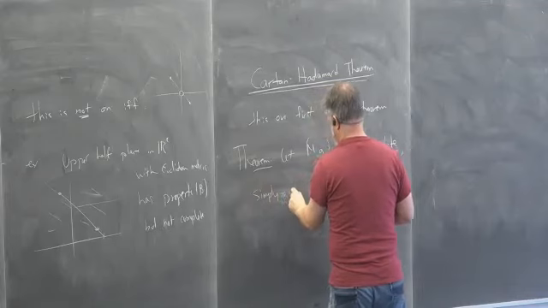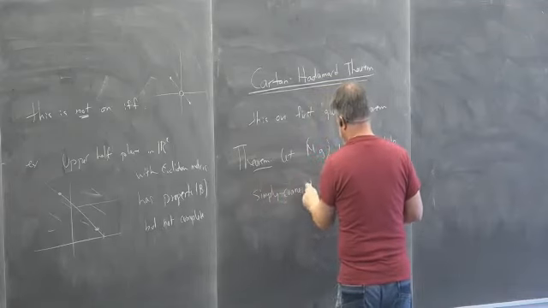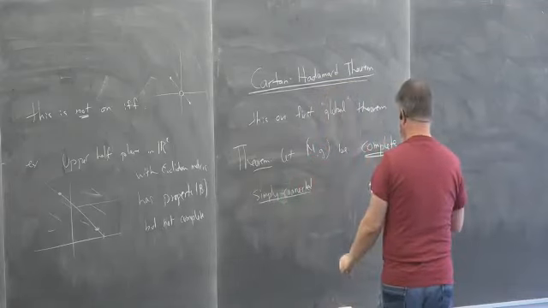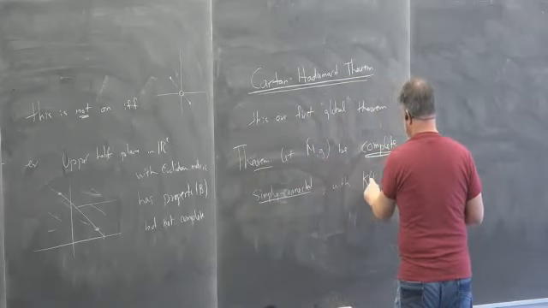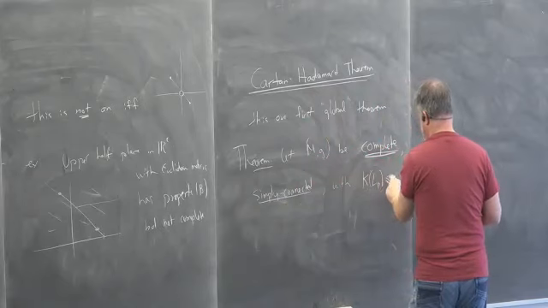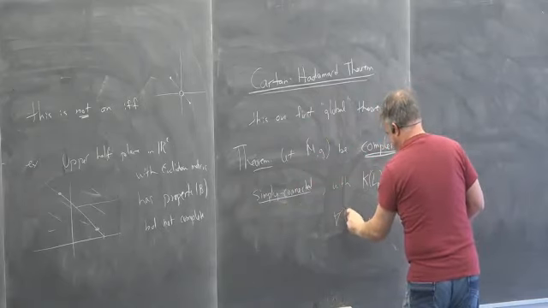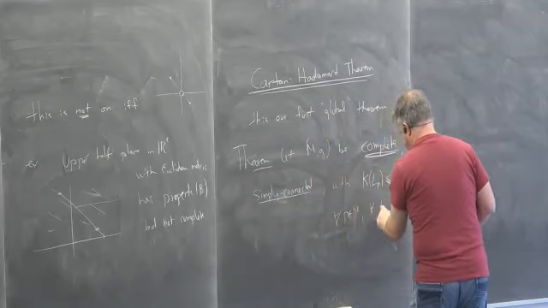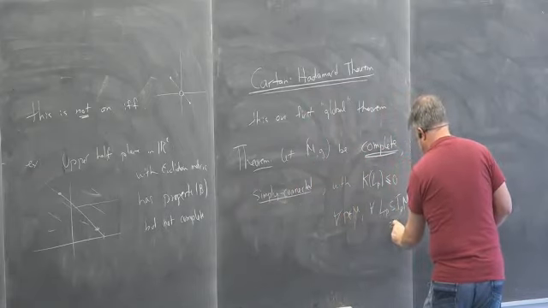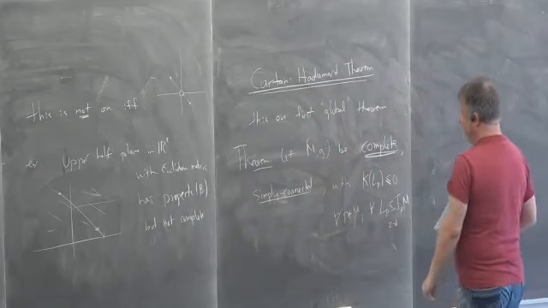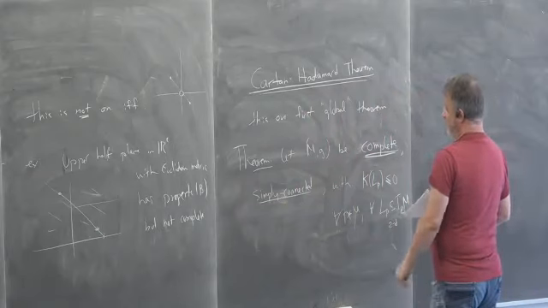So hopefully you all know what simply connected means, topologically. It means the fundamental group is trivial. With the sectional curvature non-positive for all p in M and for all two-dimensional subspaces of T_pM.